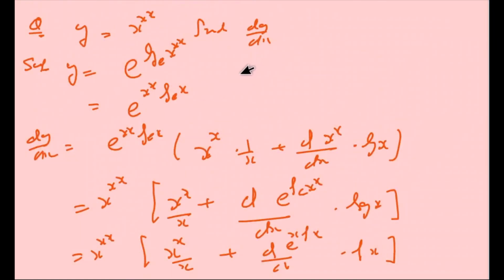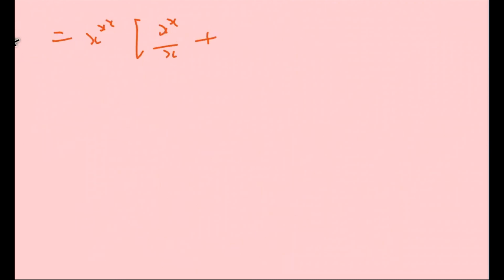We can write here x to the power x to the power x, x to the power x upon x, plus log x, and the differentiation of this is e to the power x log x into 1 log x plus x into 1 upon x.